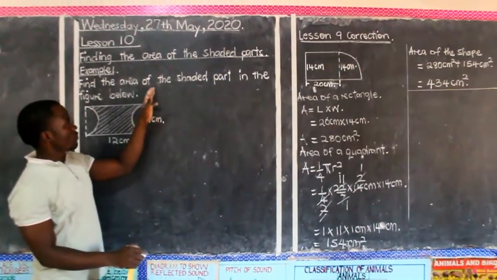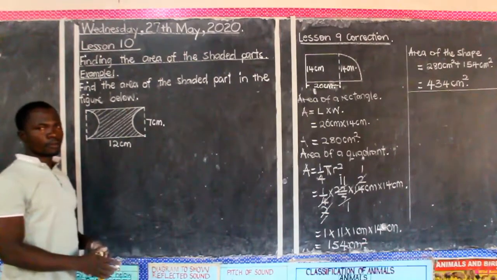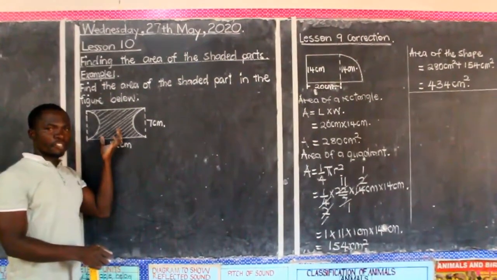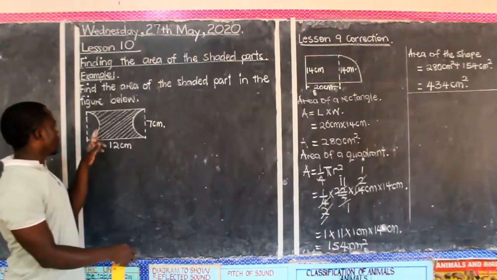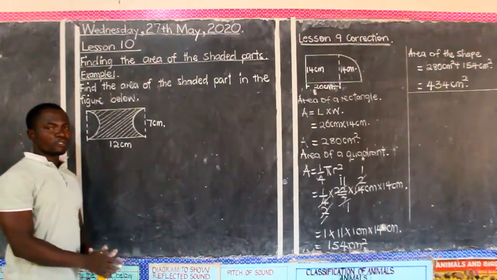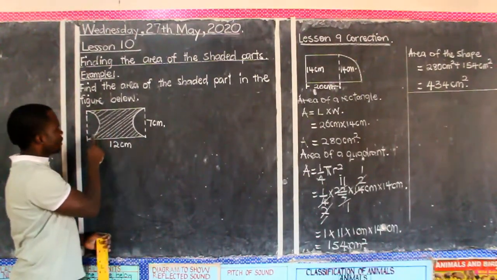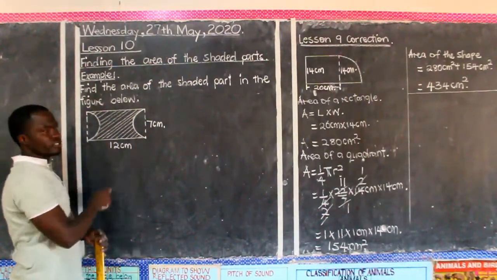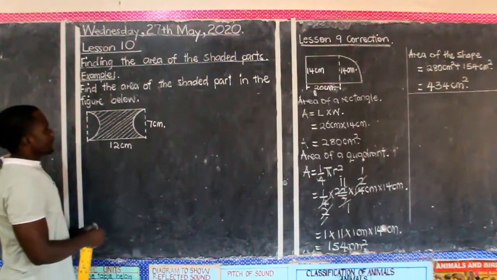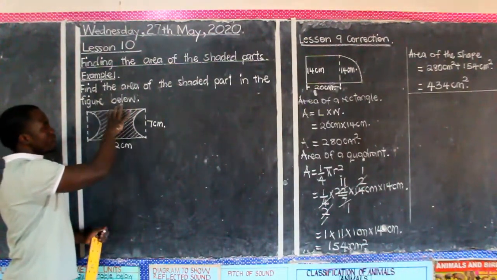Find the area of the shaded part in the figure below. Here is the figure. We have a rectangle and we have two semicircles. So how do you find the area of the shaded part? This shaded part here. This is the area they want, the part which is shaded. So how do you get this area? You are going to simply get the area of the rectangle.